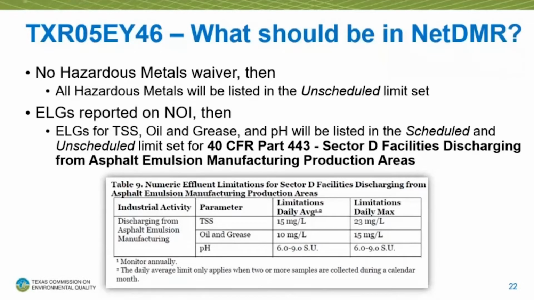That just means that basically this table from the permit is what is going to be in their Net DMR and their scheduled limit sets. They have to report for TSS, oil and grease, and pH every year. So hazardous metals and the ELGs are both going to appear in Net DMR for this facility.